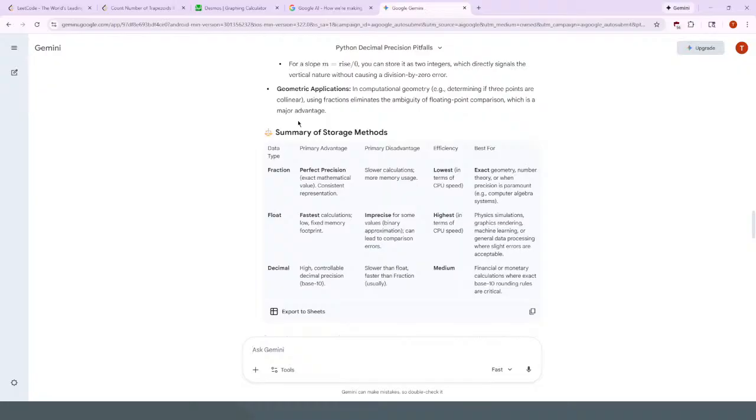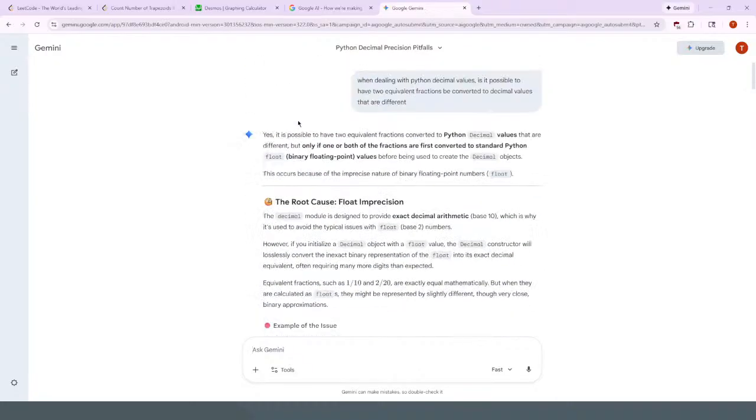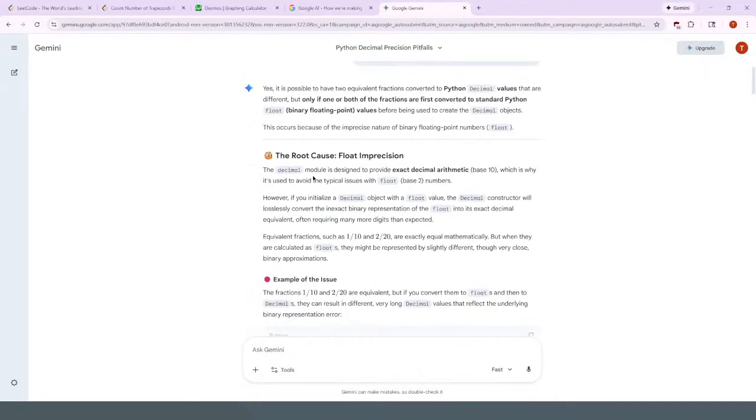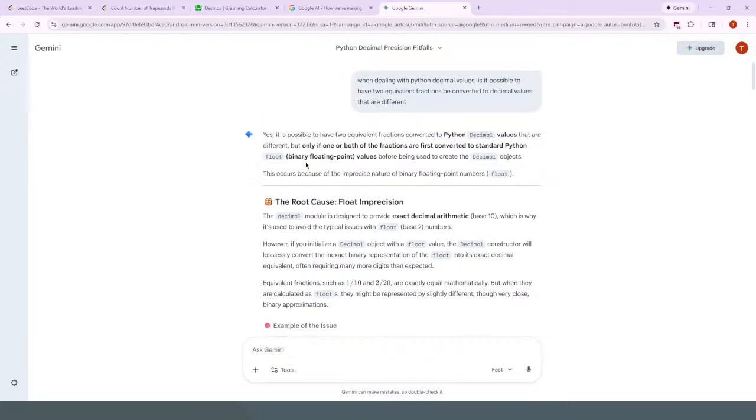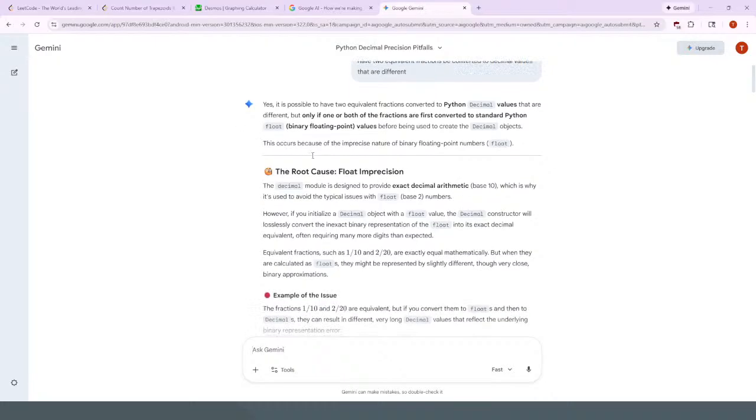Slower than float, faster than fraction. So this is only bad if one or both fractions are converted to standard Python float before being used to create decimals.